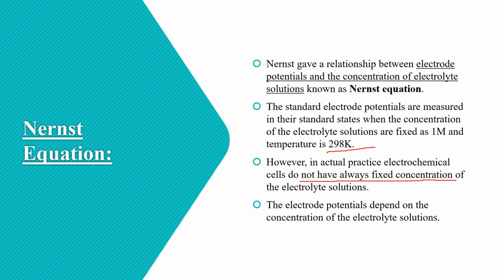So for different concentrations of electrolyte, Nernst derived the equation and gave a relationship between electrode potential and concentration of electrolyte solution. The electrode potential depends on the concentration of electrolyte solution.